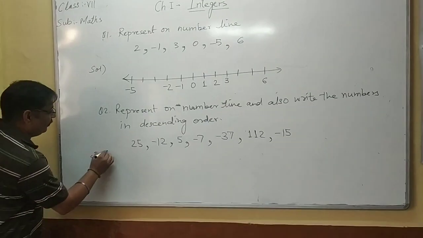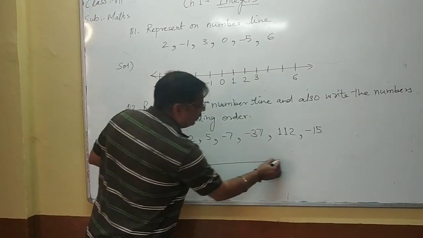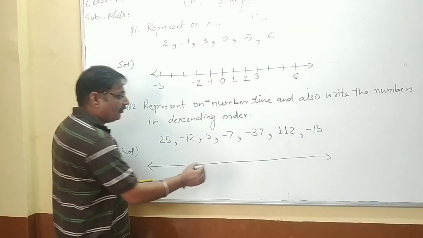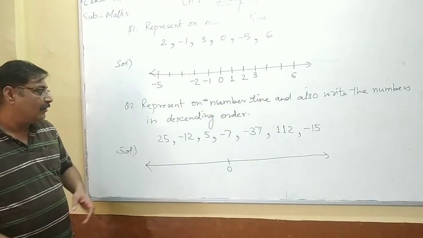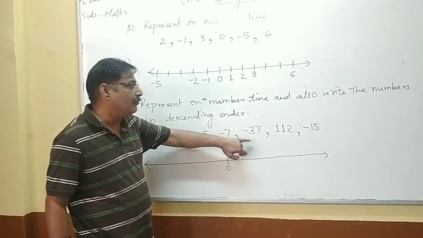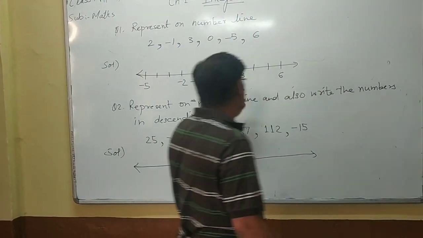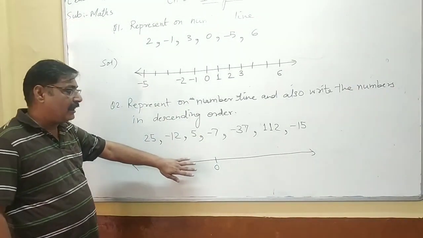The way we proceeded in the first example, in the same way we are representing the numbers on the number line. We are taking 0 anywhere. Now we want to represent these numbers. You can see these numbers are quite large, so if you move like this, you will not be able to represent them on the number line.